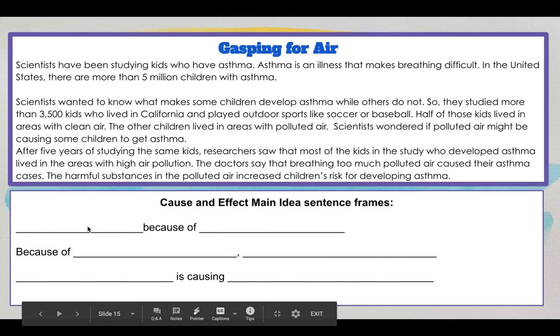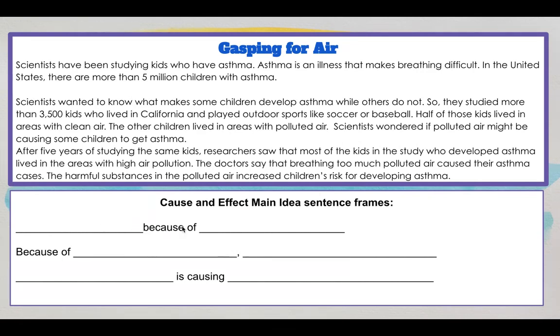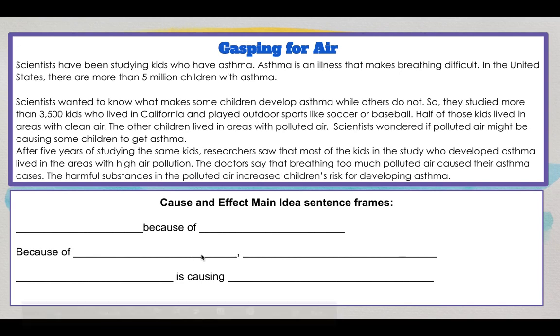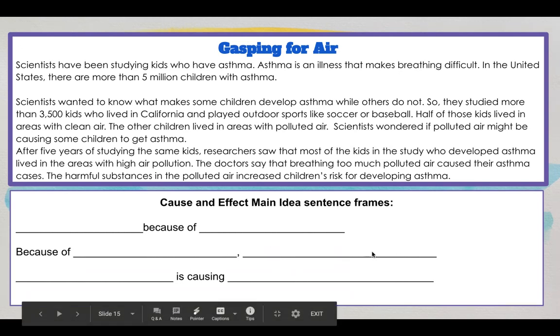Students who play outdoors are getting asthma because of harmful substances and polluted air. Because of air pollution, kids who play outside are getting asthma. Air pollution is causing kids who play outside to get asthma.